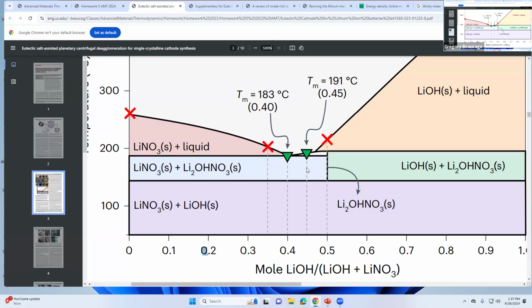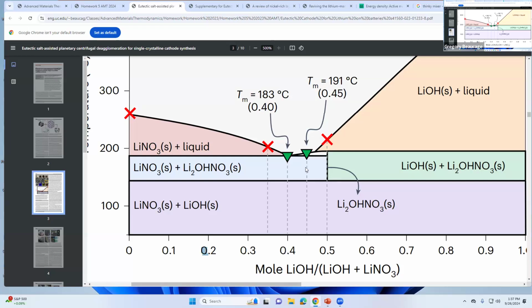So you rapid quench it down to here, then you get mostly, I guess about 90% intermediate, then 10% lithium nitrate. That's just 10% little spheres, little droplets in the intermediate phase.